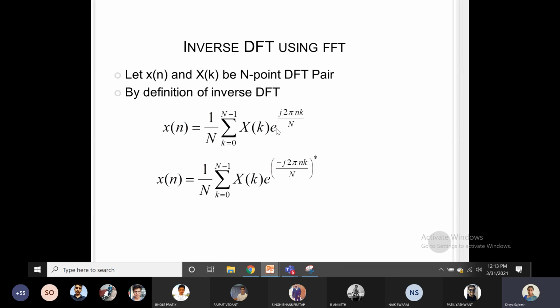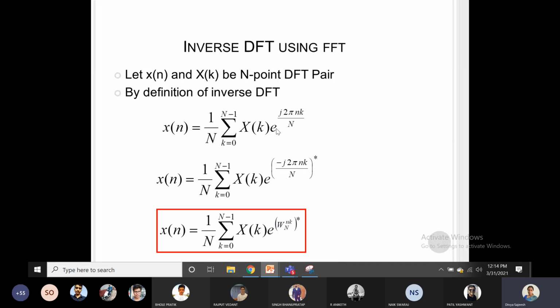If I do the conjugate of minus j 2 pi nk by N, I will obtain j 2 pi nk by N. So that means here I can write it as the conjugate of W nk N.